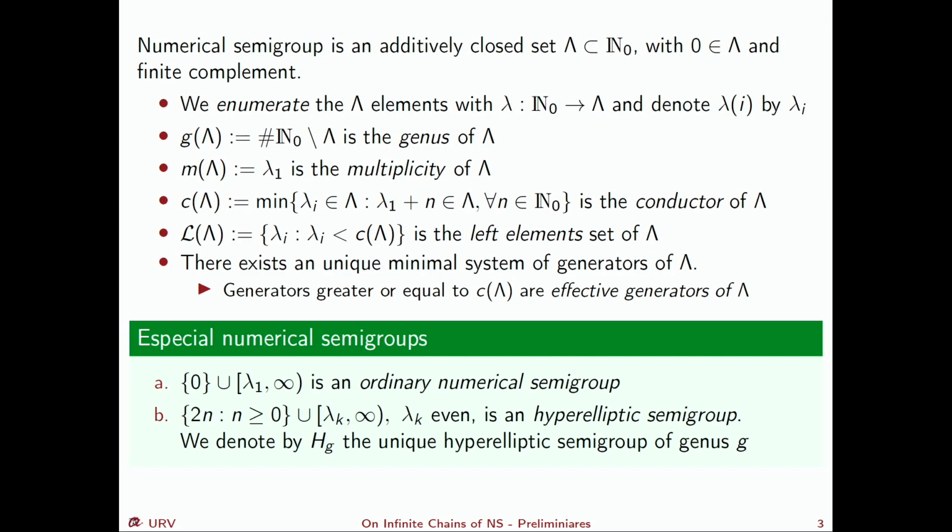We also have minimal generators, and minimal generators greater than the conductor are very important to construct the tree. They are called effective generators. Some special cases are the ordinary one, which has an interval as its complement, and hyperelliptic semigroups.